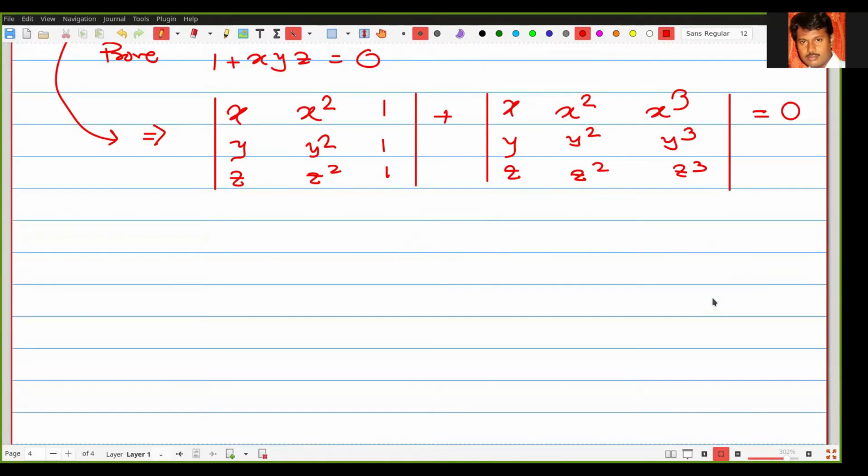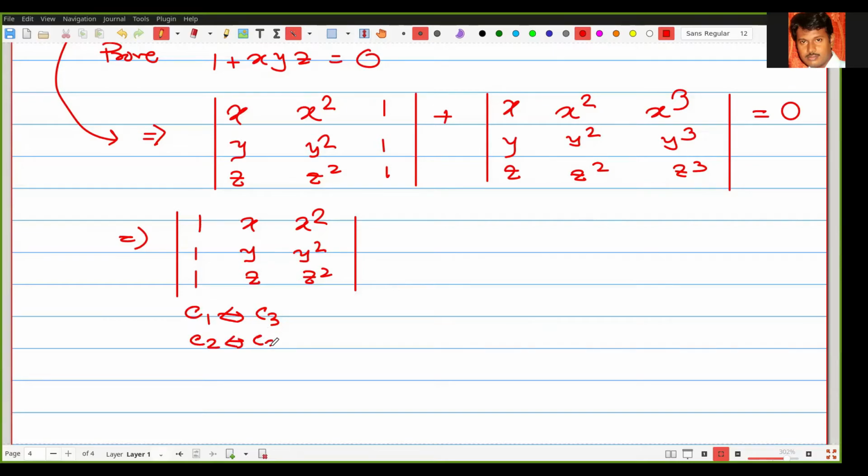Now once again interchange the very first determinant. So first column is now the third column and then interchanging the third column into second column. So 1, 1, 1, X, Y, Z, the sign remaining the same as the two interchanges occurred. So we can write it also here, that is C1 interchanging to C3 and then C2 interchanging to C3.